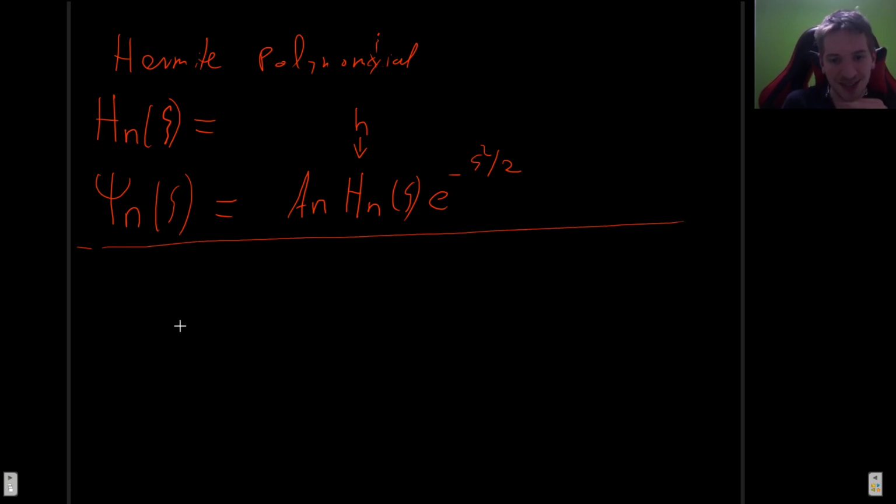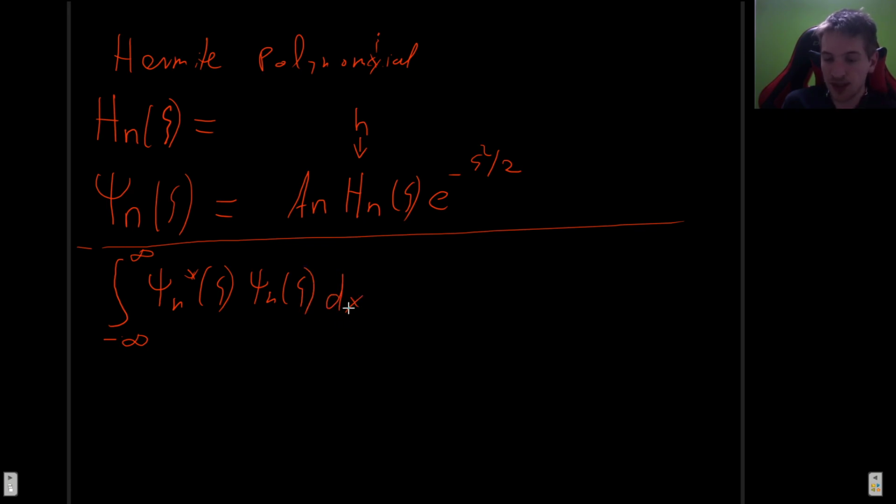So this is how you find that constant, because the way to find it is obviously to normalize, right? Let's just say the integral of psi_n conjugate times psi_n, from minus infinity to infinity, dx. But remember, this is usually the x.